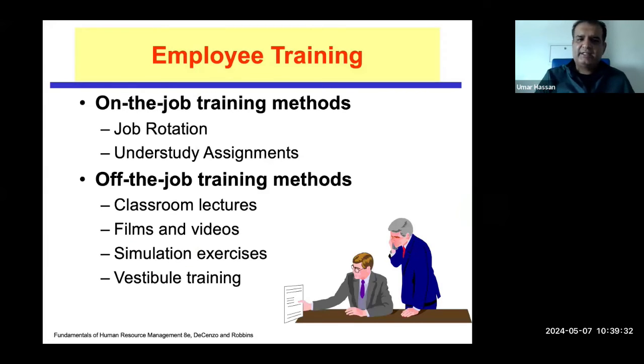So, there are certain specific different training methodologies. Job rotation and understudy assignments, very interesting. Take the example of Mukhtar Kent, which I shared earlier, who was the CEO of Coca-Cola. If he had excelled only in a sales position, do you think he would be able to become the CEO someday? Not possible.